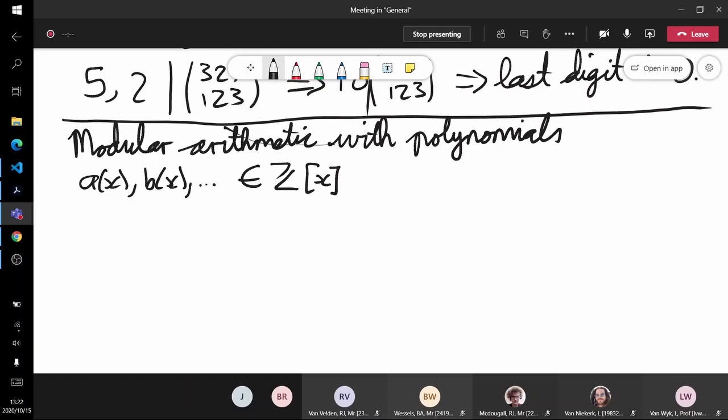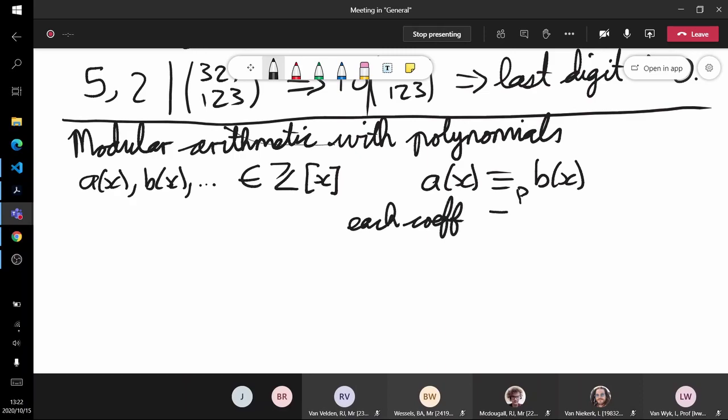And when I say that one polynomial is congruent to another polynomial mod a prime number, what I mean is that each coefficient is congruent to the corresponding coefficient on the other side.